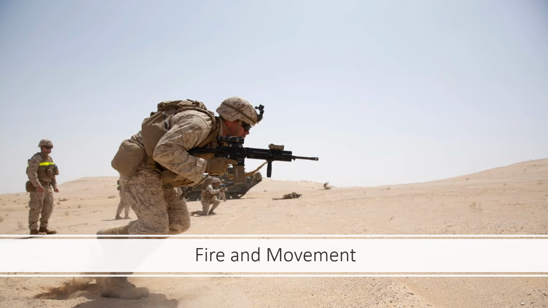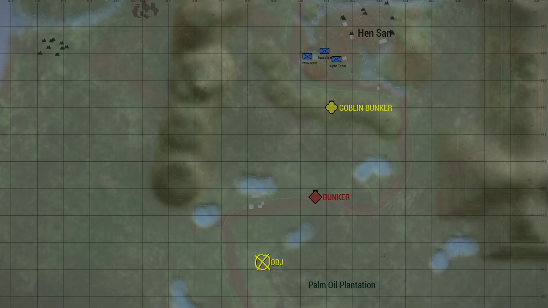The second principle we will talk about today is fire and movement. Fire and movement is when a squad conducts a frontal assault by establishing a base of fire and, on the command of the squad leader, one team will move forward towards the enemy into their designated assault position.